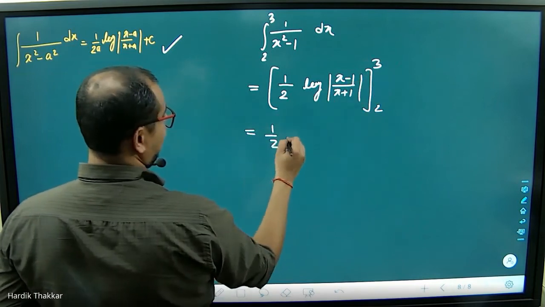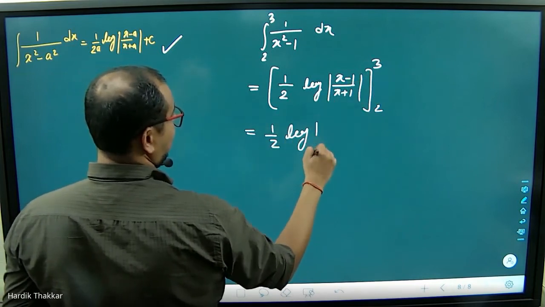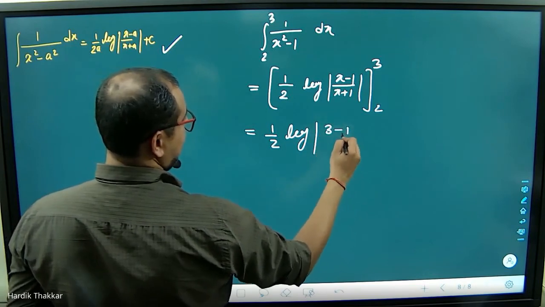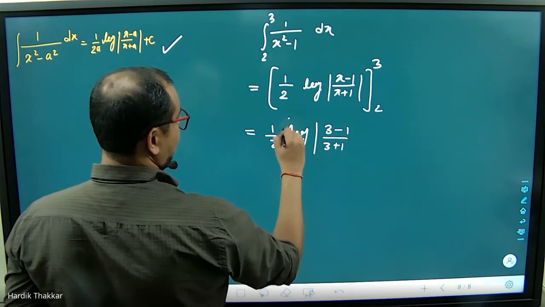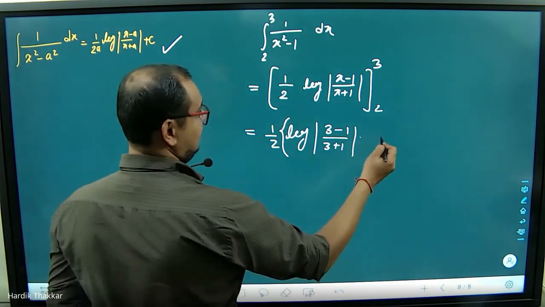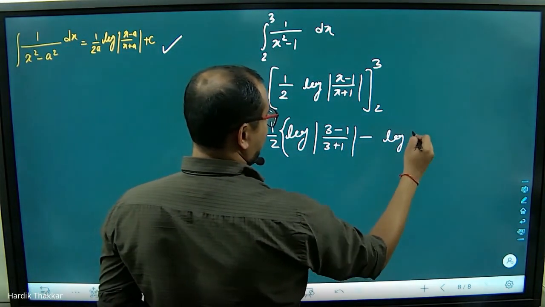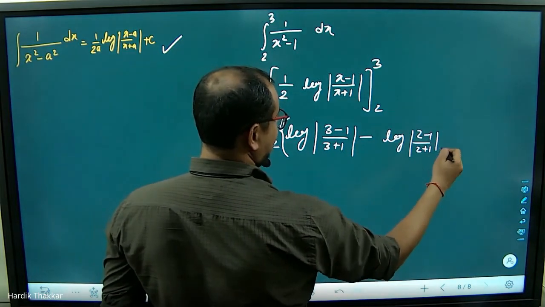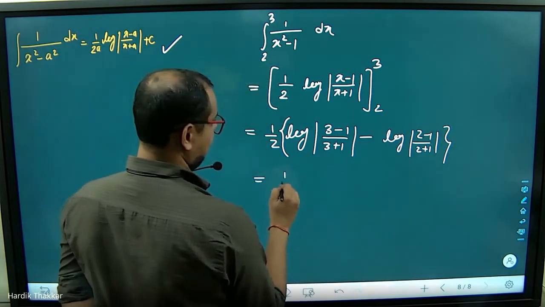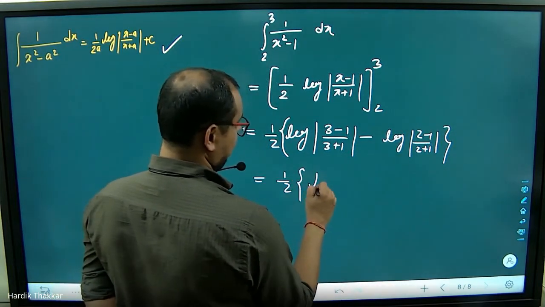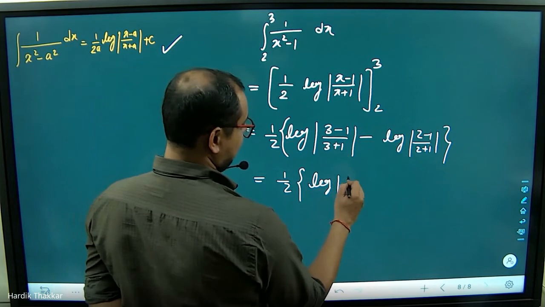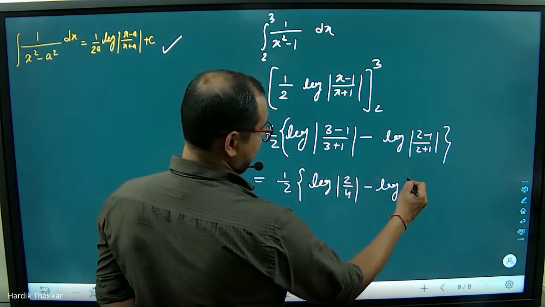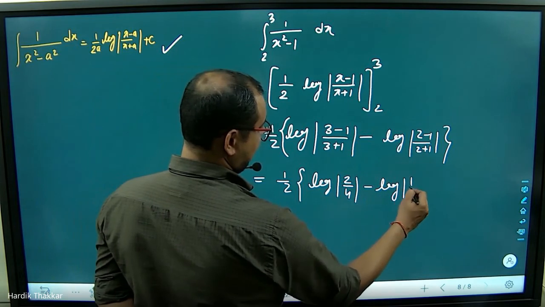It will be 1 upon 2 log, upper limit 3 minus 1 divided by 3 plus 1, minus lower limit log 2 minus 1 divided by 2 plus 1, bracket close. Further it will be 1 upon 2 log 2 by 4 minus log, this term will be 2 minus 1 by 3, that is 1 by 3.